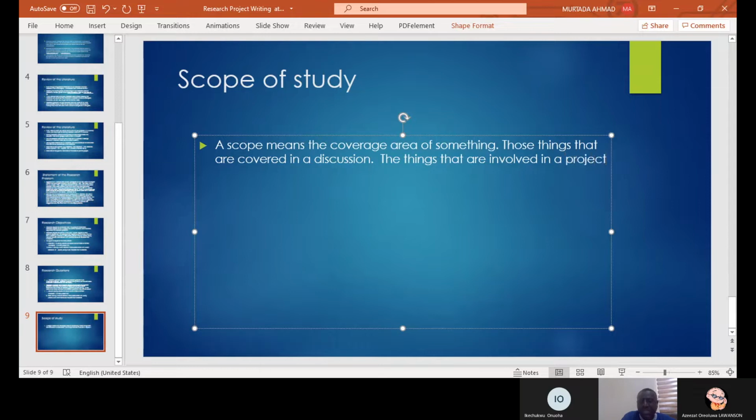If you are doing a project, you talk about what the project covers, and what it doesn't cover is not part of it. So anything that is part of it is part of the scope.